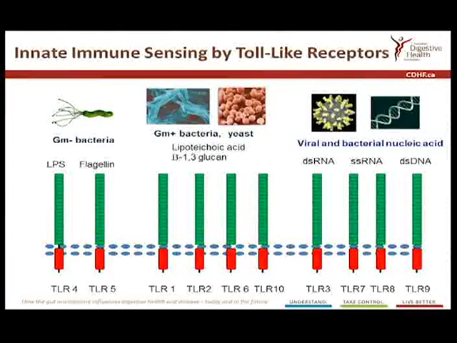Gram-negative bacteria have lipopolysaccharide and flagellin, and there are separate receptors, called TLR4 and TLR5, that recognize LPS and flagella. And they can know it's a gram-negative bacteria. The same goes for gram-positive bacteria and yeast.